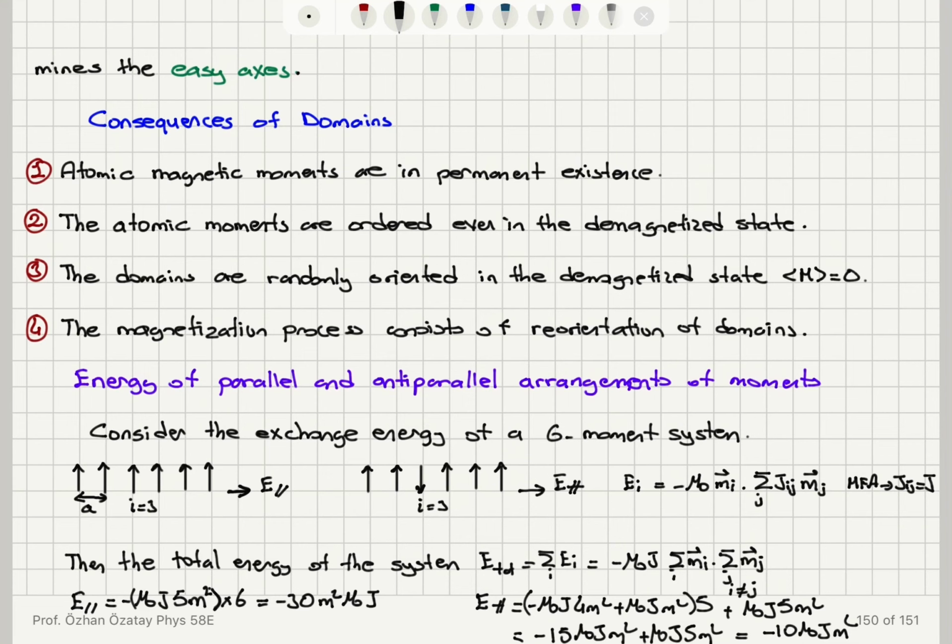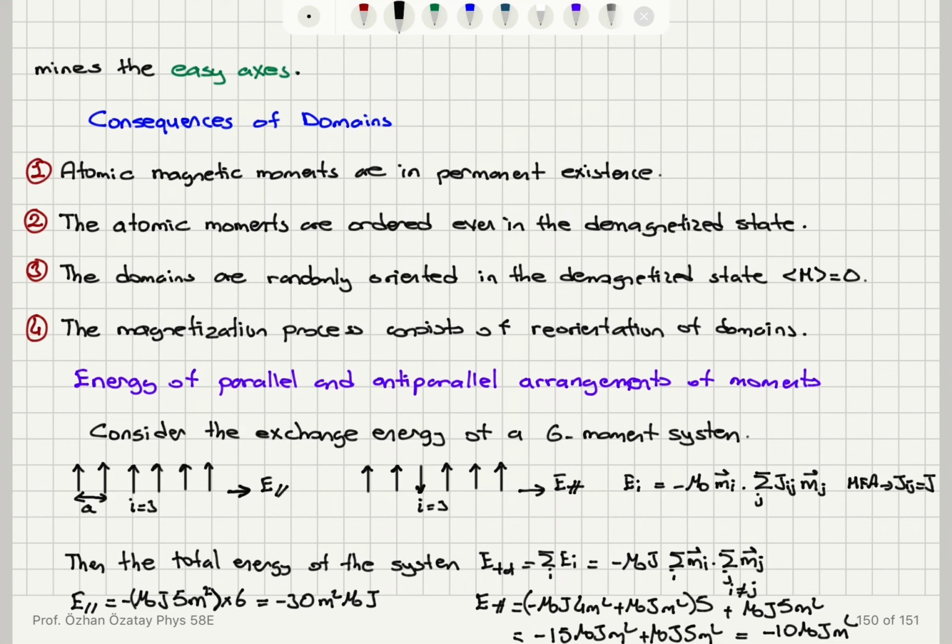For the anti-parallel configuration, I look at the energy of the first moment. So I'm going to get minus mu 0 J m squared 4 times, but a plus mu 0 J m squared due to the interaction with the third moment. So I have minus mu 0 J 3 m squared, and this is repeated 5 times. So it's going to be minus 15 mu 0 J m squared.